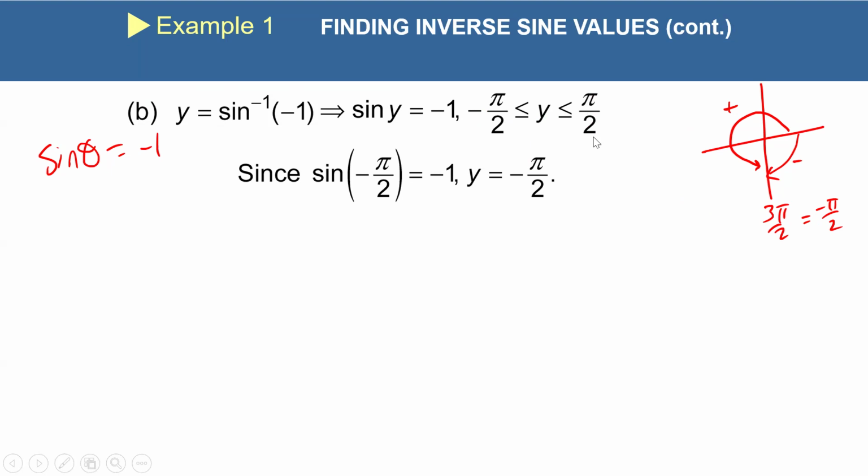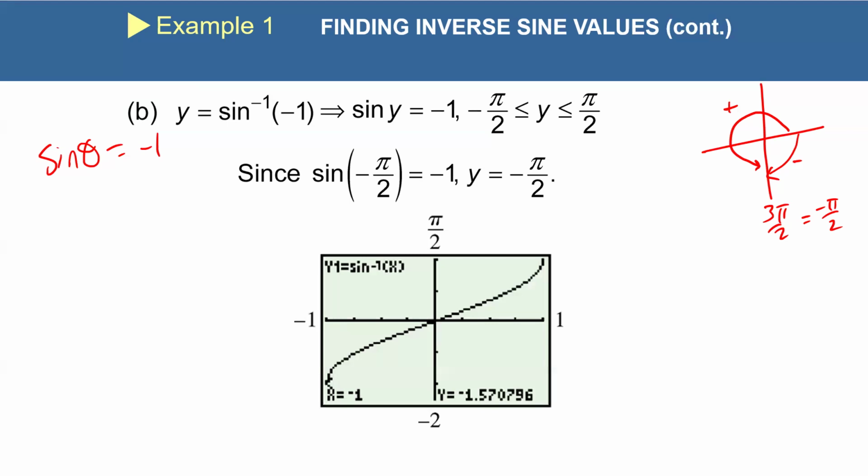That means I can be any number between negative pi over 2 and positive pi over 2. So think of it in terms of degrees: I could be anywhere from negative 90 to positive 90. And 270 does not fall between that, does it? So therefore, I have to put it in terms of something that falls in between. Looking at it on a graph, this is what it would look like.